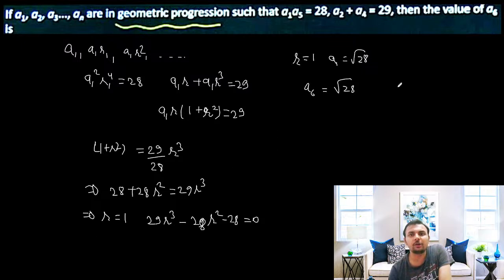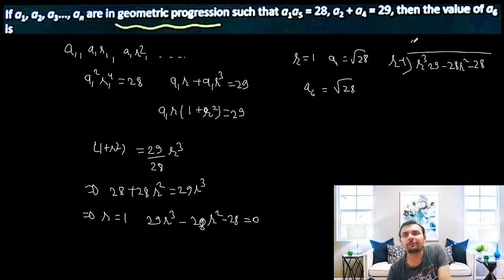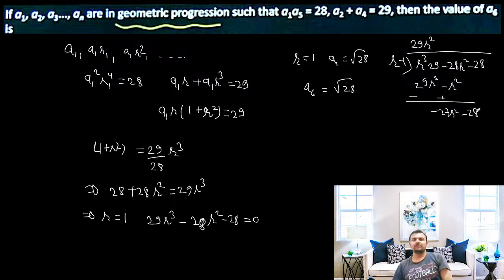Now we have R minus 1 and we have 29 R cube minus 28 R square minus 28. We are going to follow 29 R cube minus R square minus 27 R square minus 28. We should be getting some factor, isn't it?